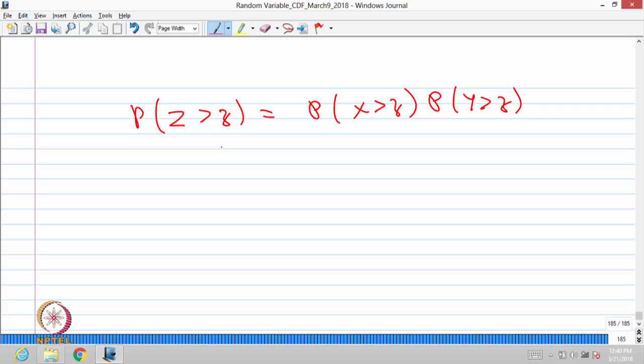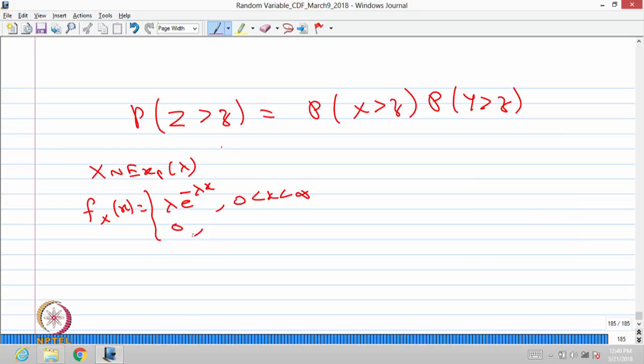I have already made the assumption that x follows an exponential distribution with the parameter lambda. Therefore, I should know the probability density function. Similarly, I should know the CDF of the exponential distribution, that is 1 minus e power minus lambda x. It is 0 from minus infinity to 0.